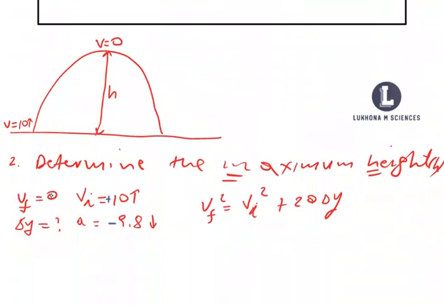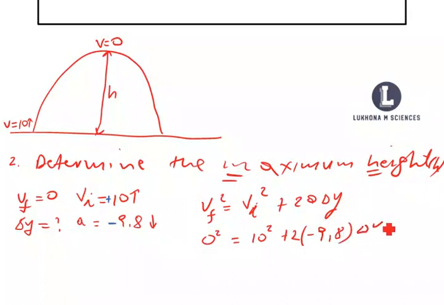So let's substitute. The final velocity is 0 because of that maximum. The initial velocity is positive 10. The acceleration is negative 9.8. We have this 2 of the formula, 2 into negative 9.8.